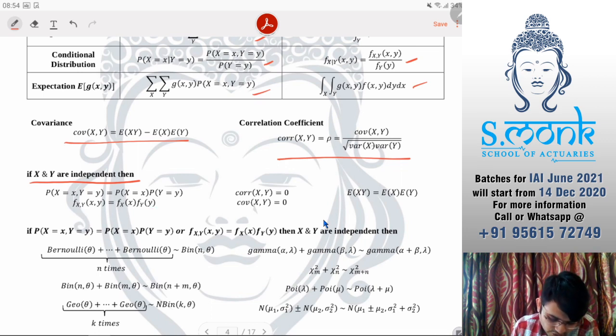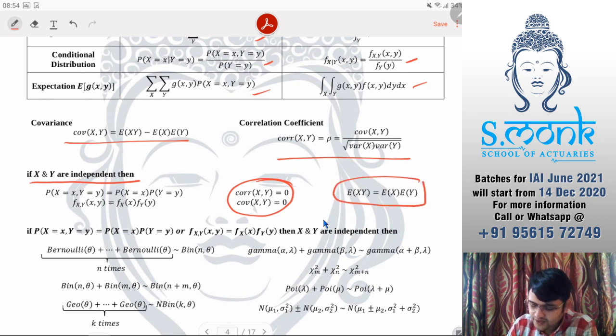This works for cumulative as well. Your capital F of x comma y, if that is equal to capital F of x into capital F of y, that would also work. Okay. But we don't usually use it, that is why I have not written here. If that happens, then our correlation and covariance both are going to be 0, and therefore our expected value of xy will be equal to expected value of x into expected value of y.